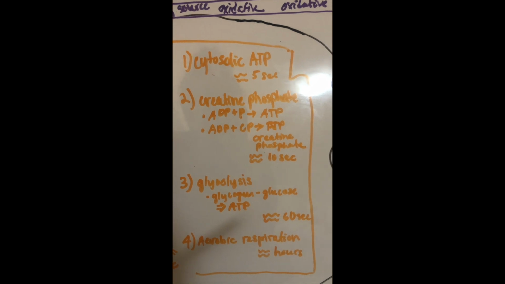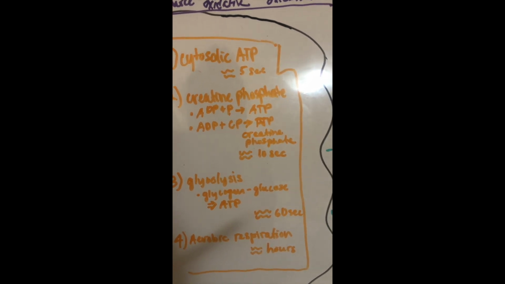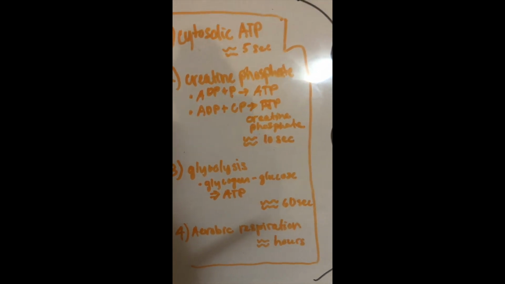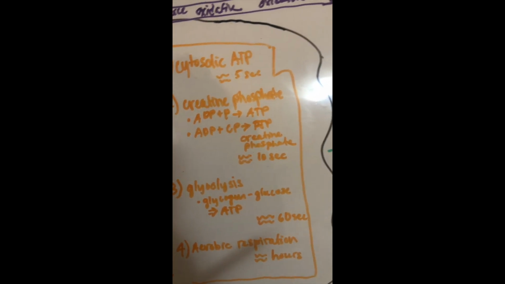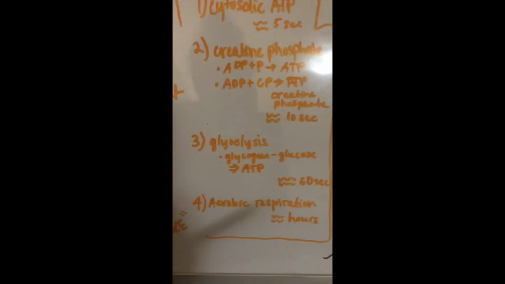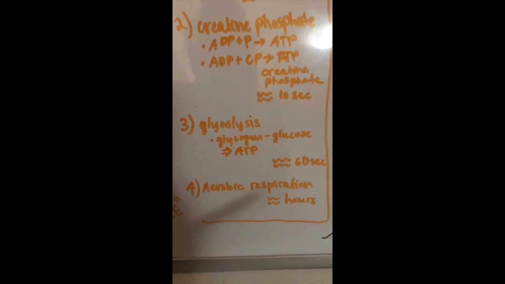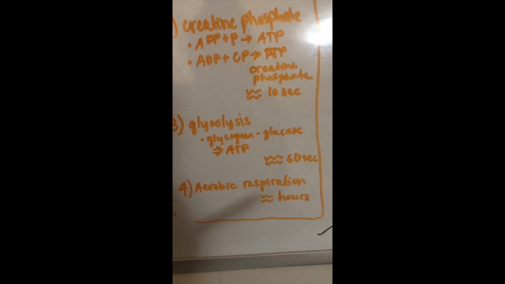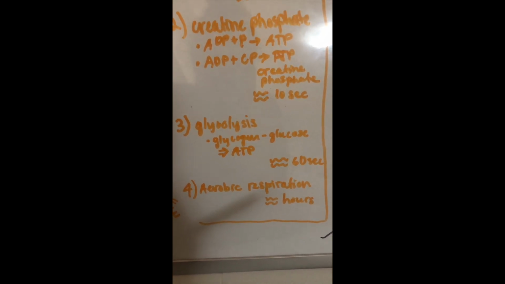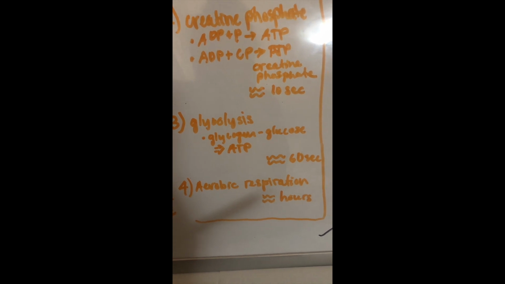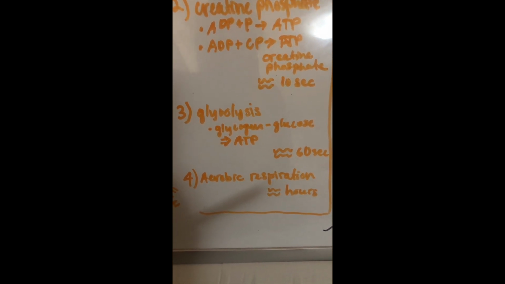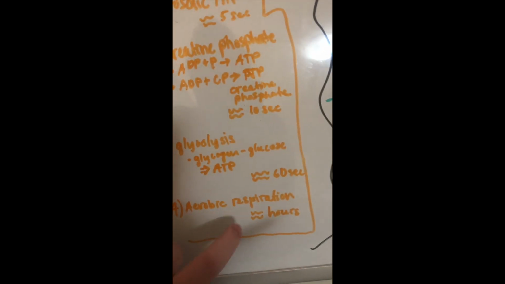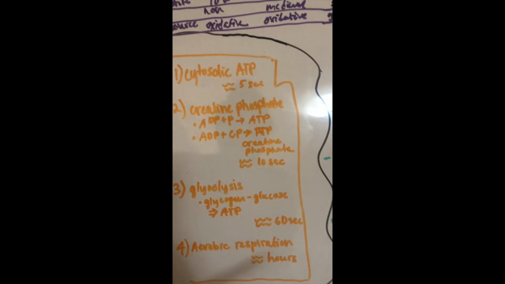We can get the ADP plus the phosphate, or we can get the ADP plus the creatine phosphate. And that lasts a little bit longer, about 10 seconds. And then our third option is glycolysis, which is glycogen minus glucose leading to ATP, and that lasts about 60 seconds. And then our last one is aerobic respiration, which can last several hours. So that one's pretty amazing, but this one is the most common.